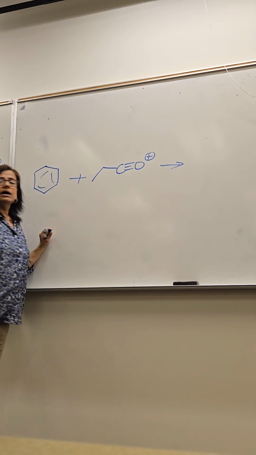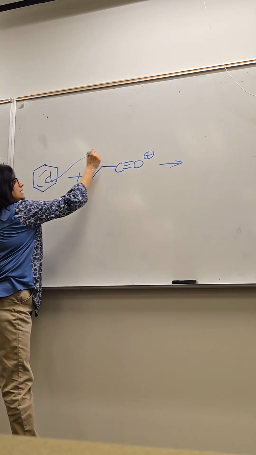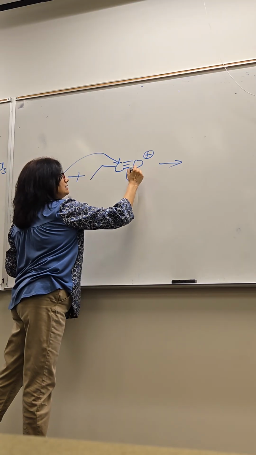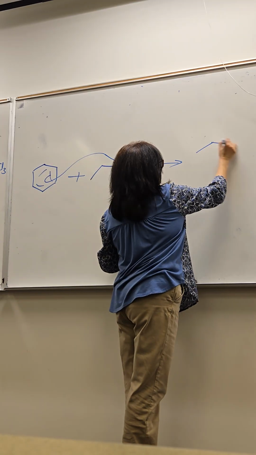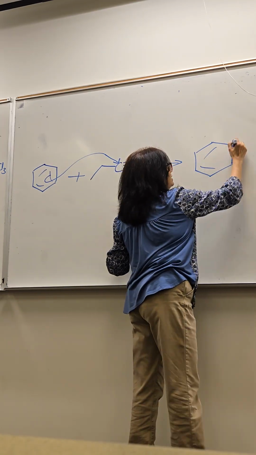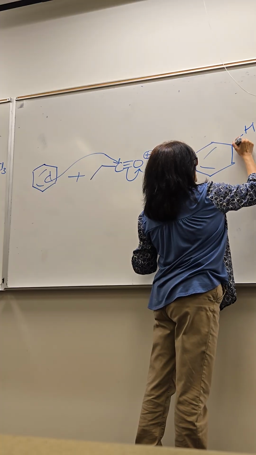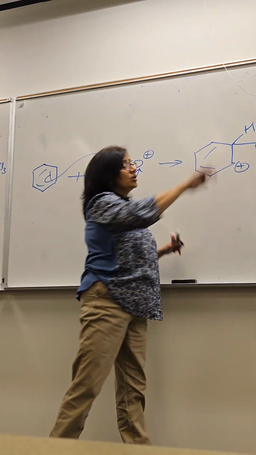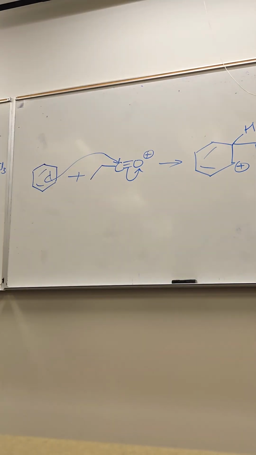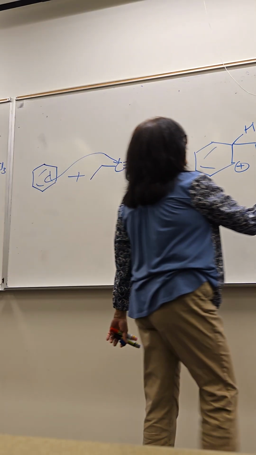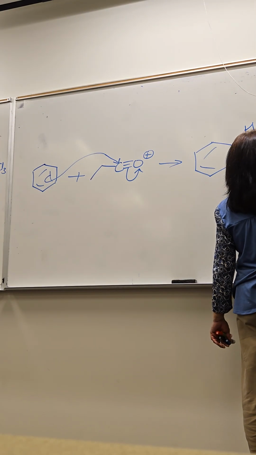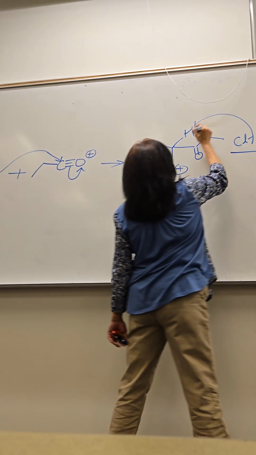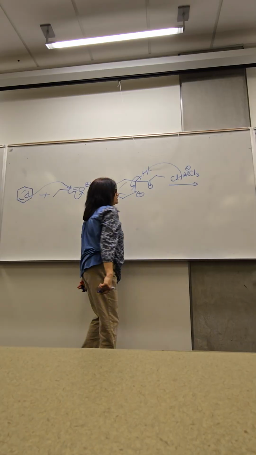Once the acylium ion is created, benzene attacks the electrophile and creates the sigma complex. The sigma complex loses a proton and gives us the product.